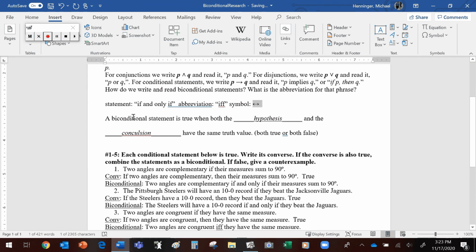A biconditional statement is true if both the hypothesis and the conclusion have the same truth value. They're either both true or both false. Okay, if they're both true, the biconditional is true. If they're both false, the biconditional is false. But if they have two different values, one's true and the other's false, then the whole biconditional is going to have to be false.